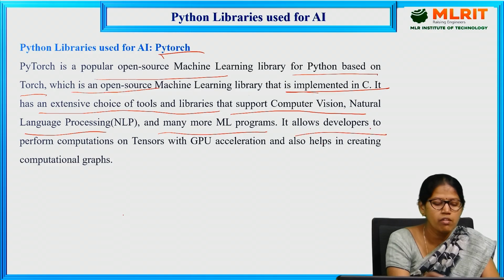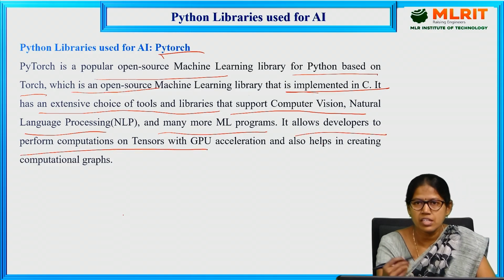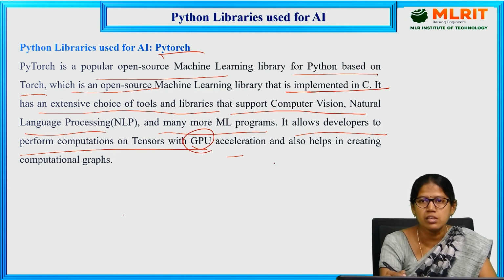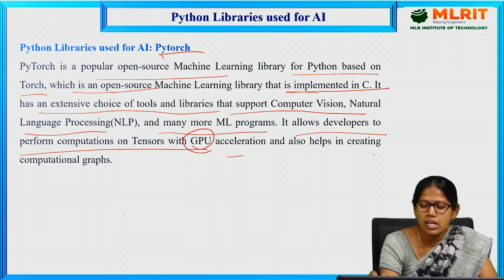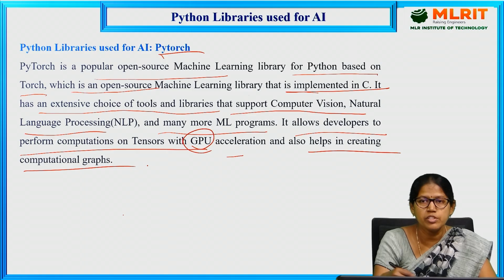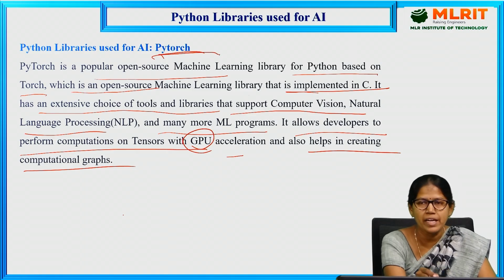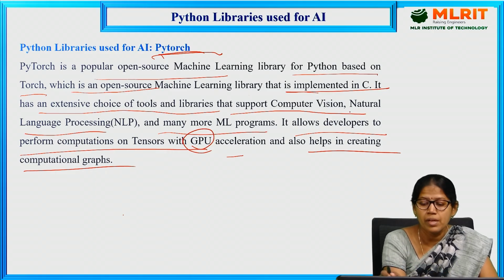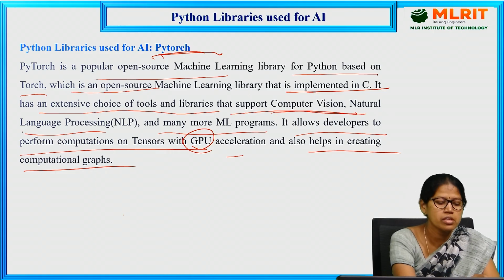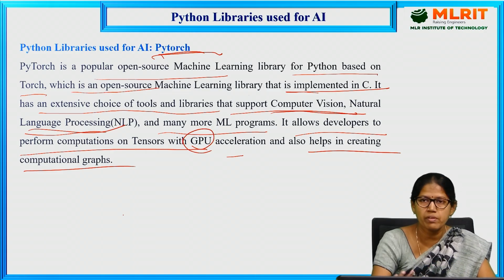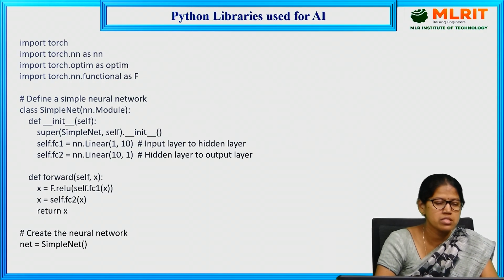It allows developers to perform computations on tensors with GPU acceleration. When we are using the GPU, it will perform fast and efficiently, and it also helps in creating computational graphs. It is mainly focused on computer vision, natural language processing, deep learning, and various algorithms, supervised, unsupervised, etc.